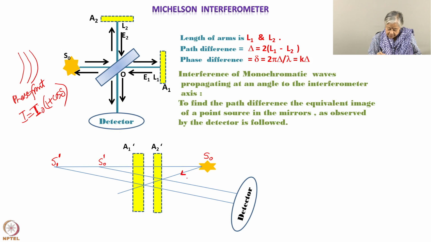So, it is coming here, coming to this and getting reflected, and this one is coming here, right up to this mirror and then getting reflected. So, you are getting these two rays onto this detector. It is a virtual image obviously, so you see one virtual image here and one virtual image here. So, this is one way of representing the way the detector is looking at the source.